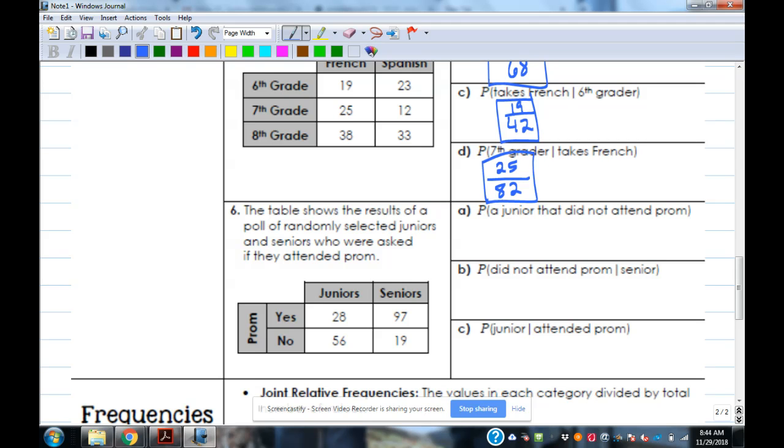All right. The table shows juniors that said yes, and seniors that said yes, and then the no's for both of those. Okay. Probability of a junior that did not attend prom. So juniors that did not attend would be 56 out of how many? 200.